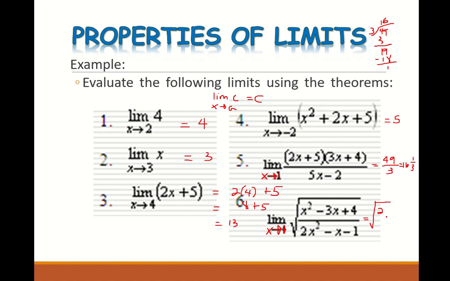Then the denominator we have 2x squared. 1 squared is 1 times 2 is 2. 2 minus x, x is 1, so 2 minus 1 is 1, minus 1 is 0. So what does it mean?